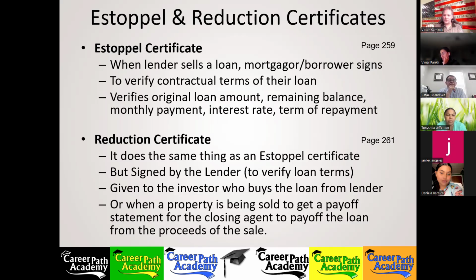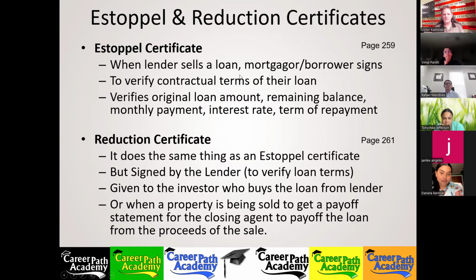They're selling them your loan, and your loan was for a certain amount at a certain interest rate with a certain monthly mortgage payment for a certain term. How many years, right? So they're going to want the borrower to sign a document called an estoppel certificate that just verifies all the terms of their loan.